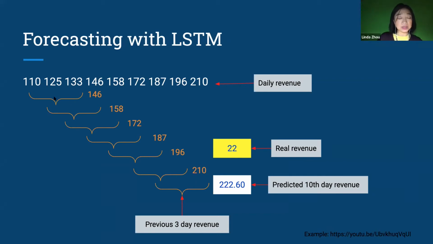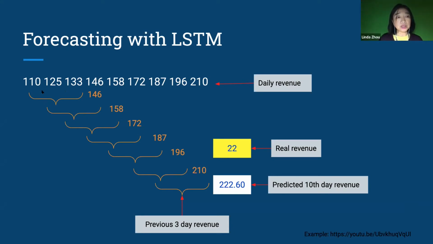So I look back, starting from the first 3 numbers. This 146 here is basically your Y label. With these 3 days of data, you are predicting Y. Then shifting to the next window, from 125 to 146, I'm labeling 158. So that's your label value.